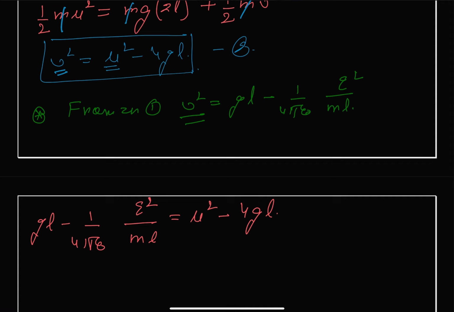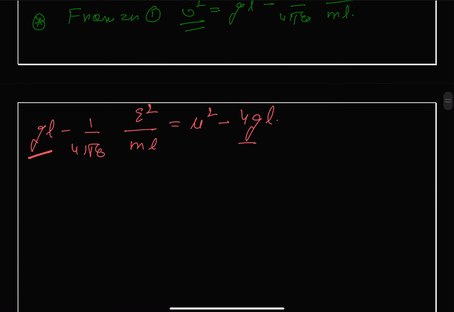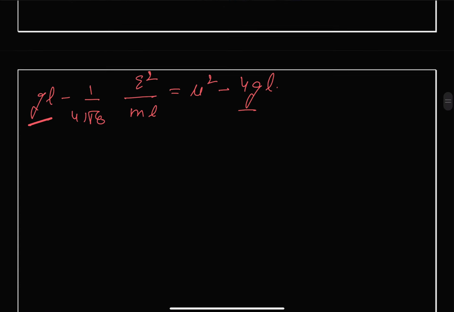And 4GL and this is GL, so this will be coming as 5GL. So therefore we can write that our U square is equal to 5GL minus 1 upon 4 pi epsilon naught Q square upon mass into length.